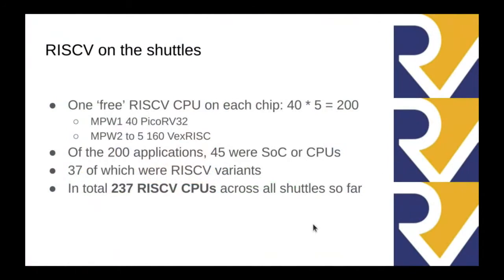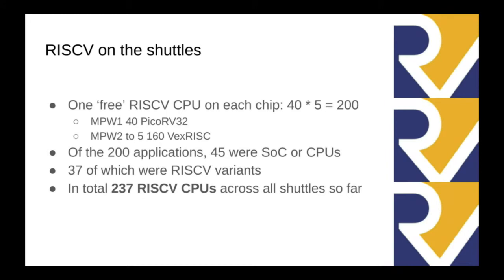I thought it would be a good idea, because this is a RISC-V conference, to look at how many RISC-V CPUs have been taped out. It turns out there's quite a lot, nearly 240 RISC-V CPUs, although 200 of those are the free ones, because as part of the application process we get given a pad ring by EFabless. The pad ring is all the I/O ports, but it also includes a RISC-V processor.